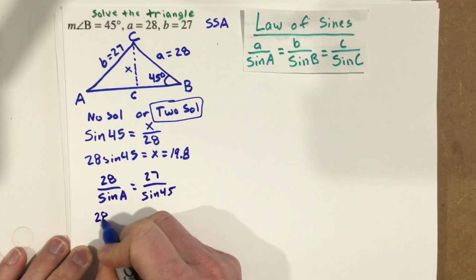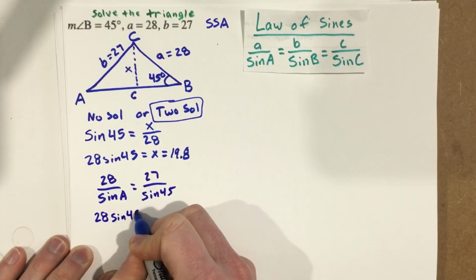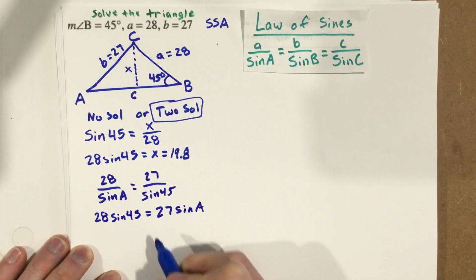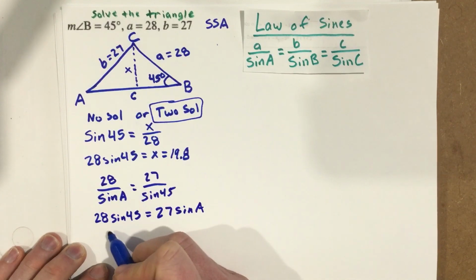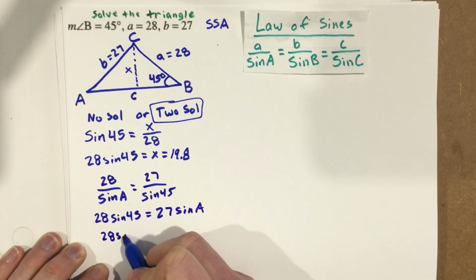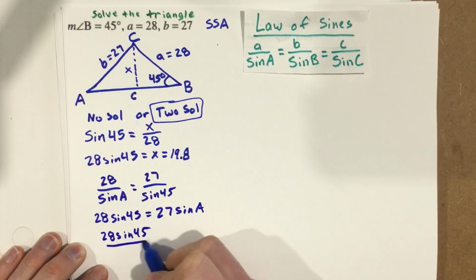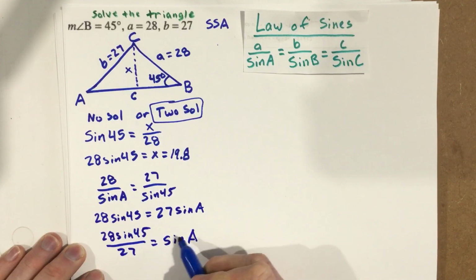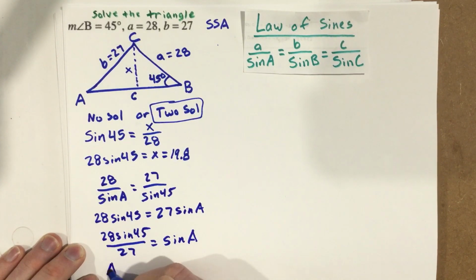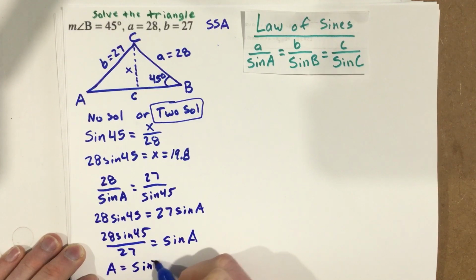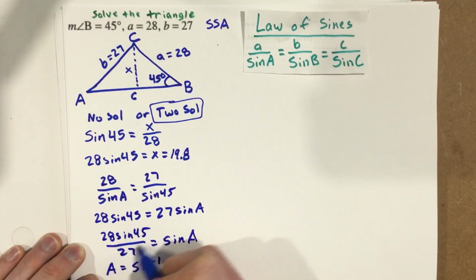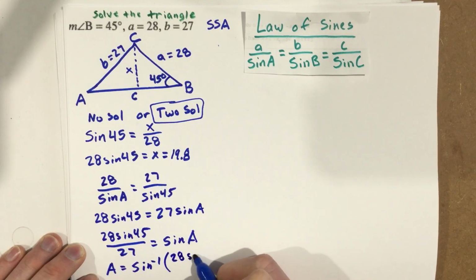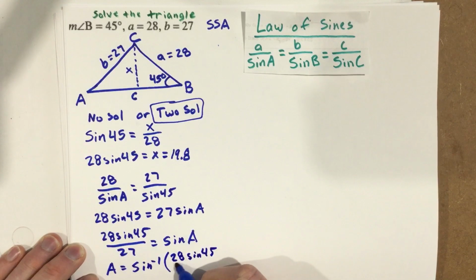We get 28 sine 45 equals 27 sine A. Divide by 27, you get 28 sine 45 over 27 equals sine A. Take the inverse of each side, we'll get A equals sine inverse of 28 sine 45 over 27.